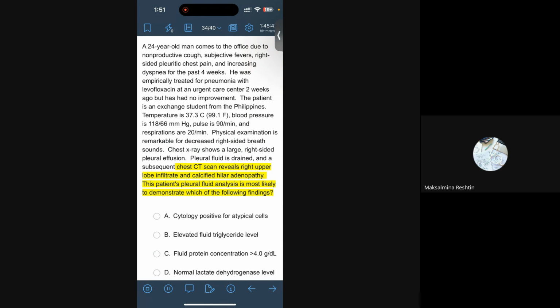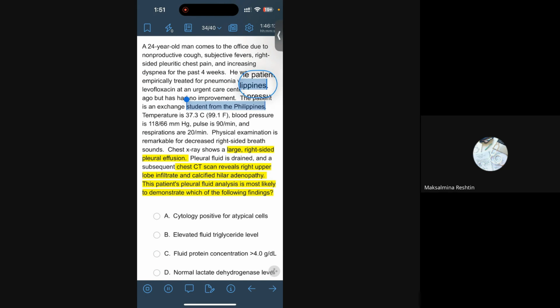Exchange student from the Philippines, large right-sided pleural effusion. The patient does not improve with pneumonia treatment. It is tuberculosis.